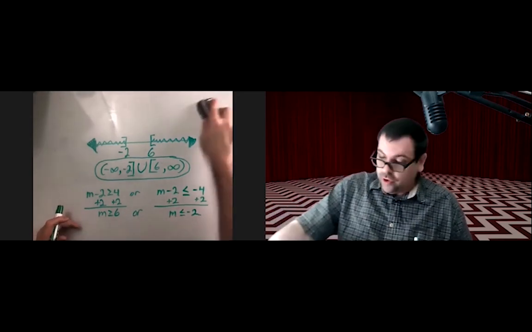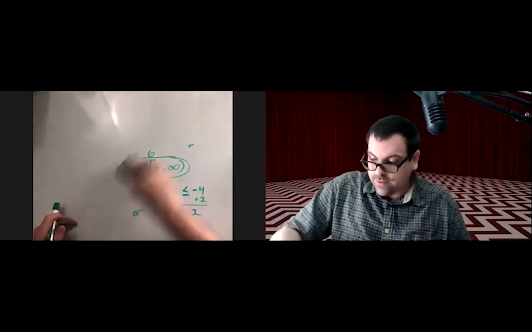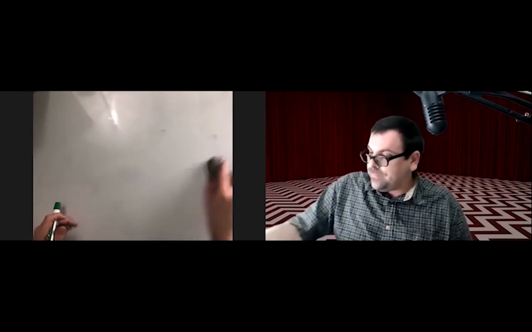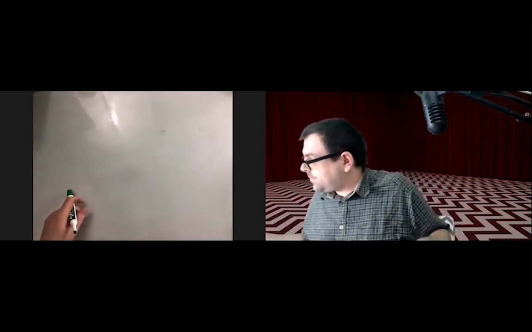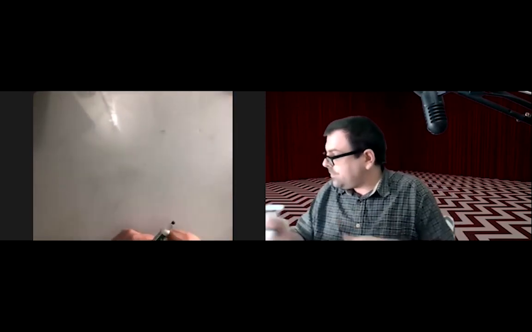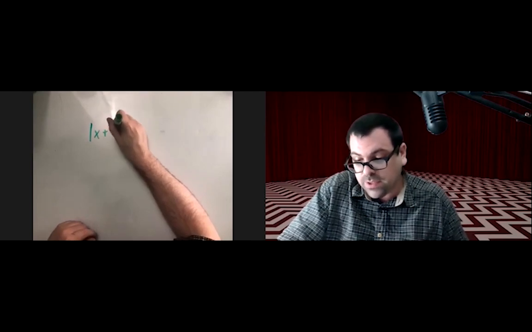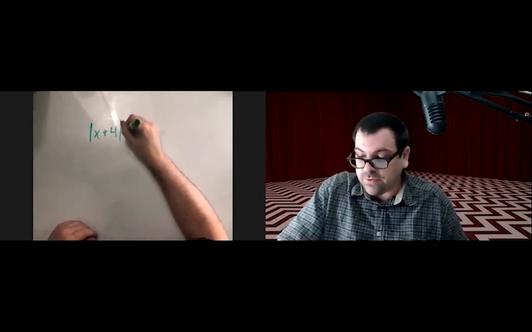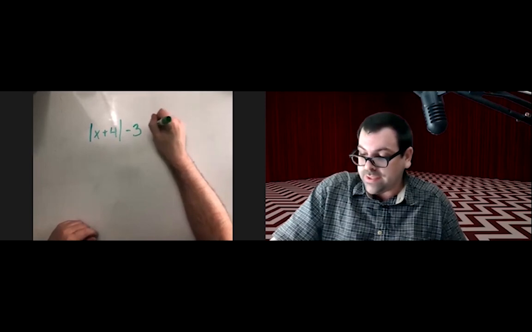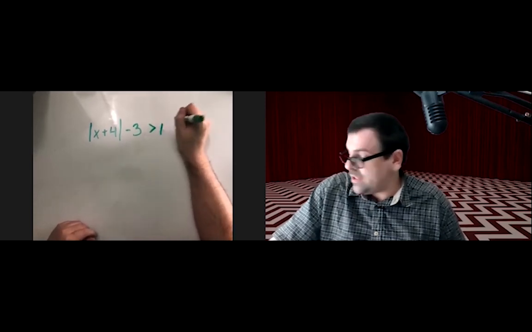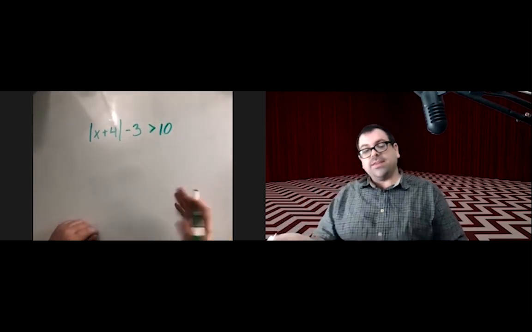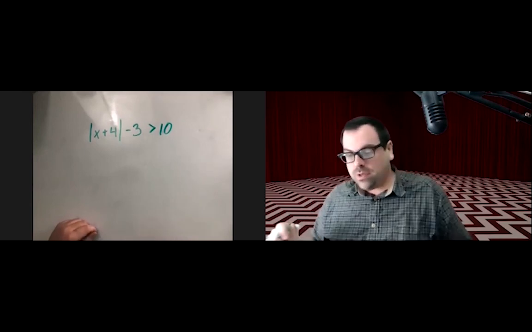Let's look at another one. Let's come to our absolute value of x plus 4 minus 3. This time we'll have it greater than 10. Last time we did one like this, it was less than or equal to.